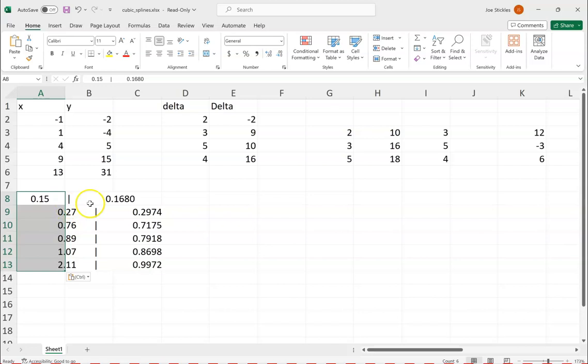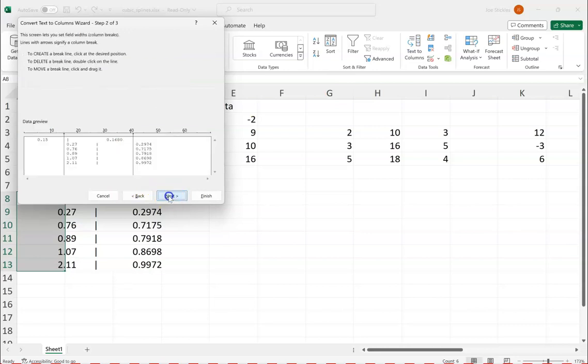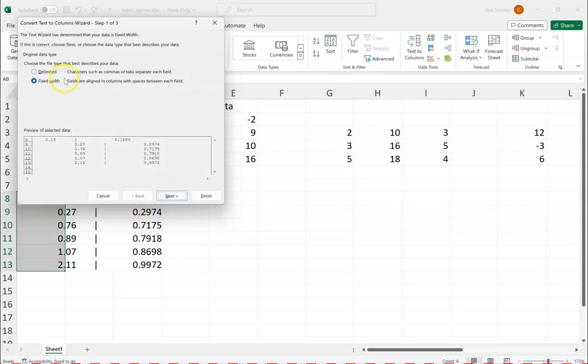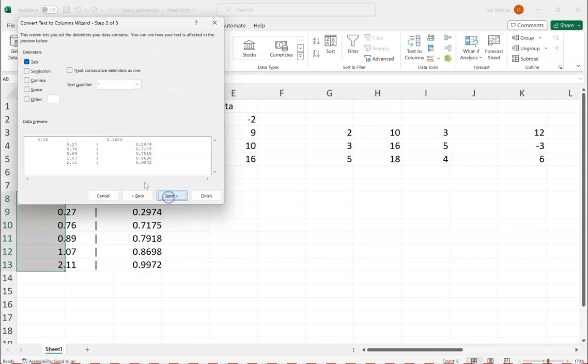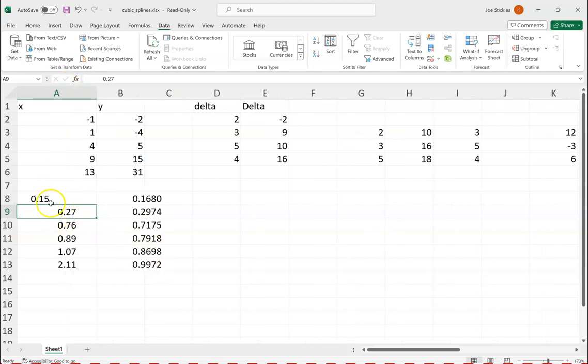Come over here and let's see if I can do this cleverly. Oh, so there's this tab in there. See if this will work or if it's going to be mad at me.